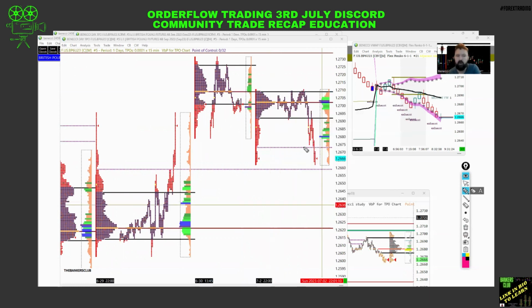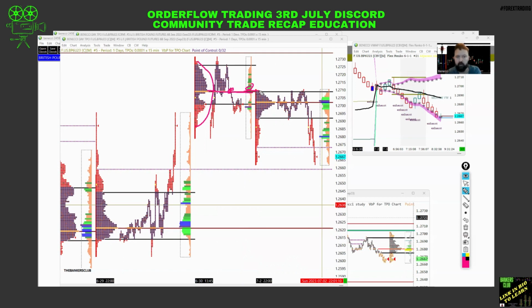we have the point of control of that upper distribution here, with a load of volume there as well, actually, and a little higher low, lower high. So like an order block there.